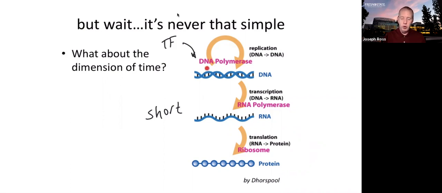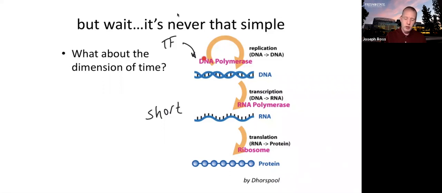The transcription will occur for a brief pulse, perhaps, and produce a small number of RNAs. And the lifetime, the amount of time that those RNA molecules exist before they get destroyed inside the cell, is short. So that means you can only produce a small amount of protein from a little bit of transcription.